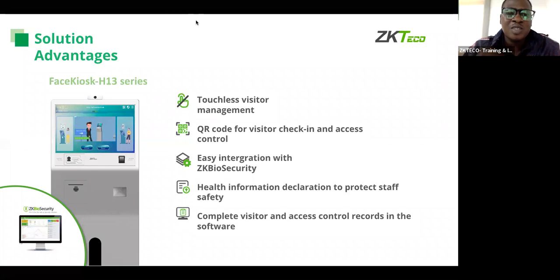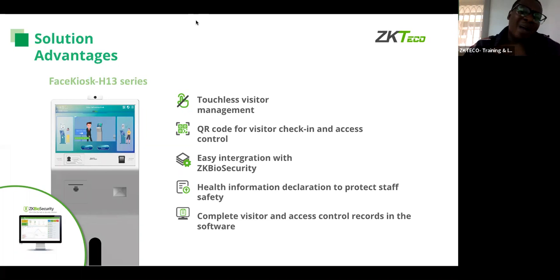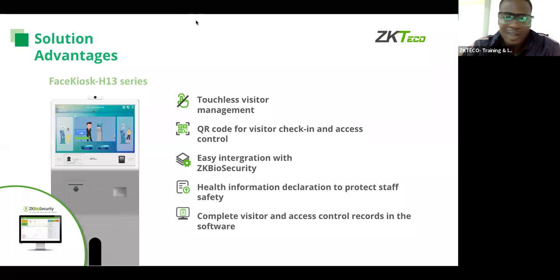It limits that person to floor 1, room 2. So anywhere that person goes, with a QR code or a visible light device, or any of our facial recognition devices mounted at that point, it will grant the person access at that point only. If the person goes to floor 10, it won't grant access to floor 10. So that's basically what that's about.